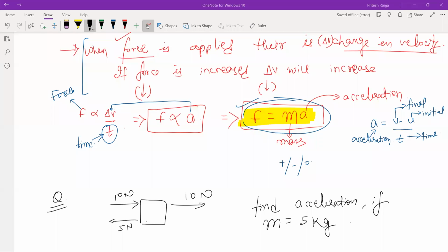60% of you have given the answer. Everyone should try this. It's the most easy one. You just need to directly use F = ma.